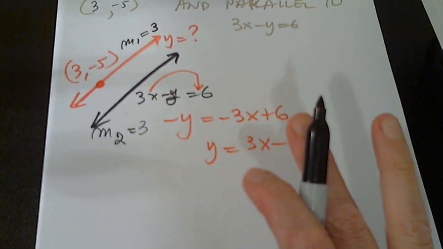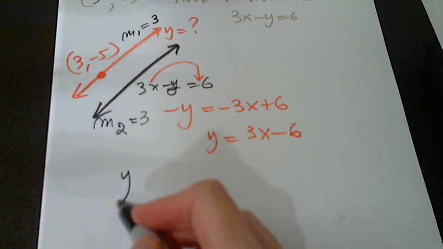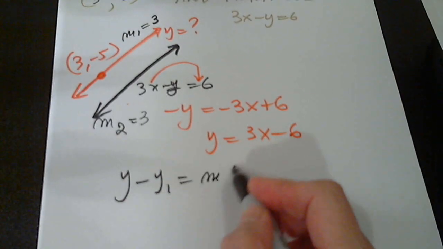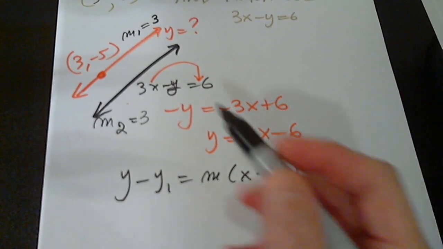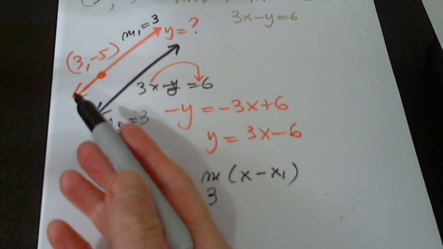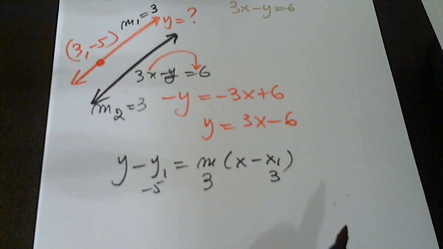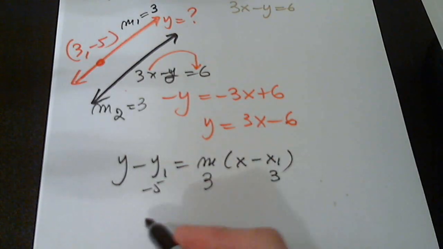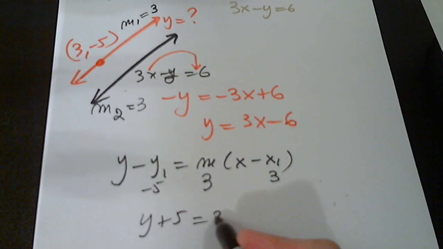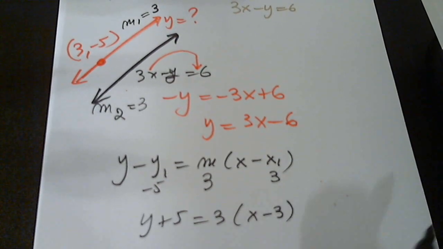So now I have everything I need about the unknown line. y minus y1 equals the slope times x minus x1, where the slope is 3, and the point you gave us, 3, -5. I write them underneath because otherwise I would have to use nested parentheses, and I'd rather not do that. So minus minus, y plus 5 equals 3 times x minus 3.